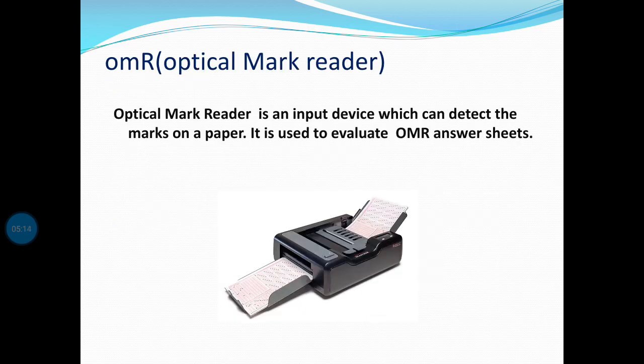Next input device is the optical mark reader. Optical mark reader is an input device which can detect marks on a paper. It is used to evaluate OMR sheets of examinations.